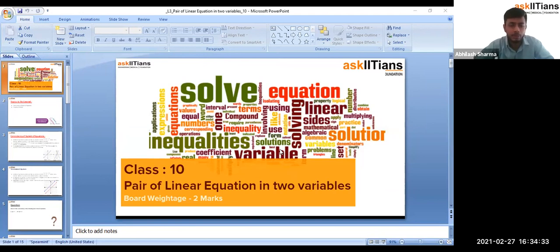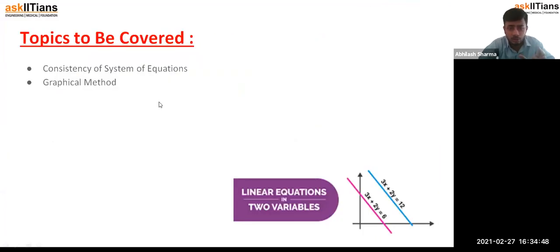Now, earlier we have completed three methods: the substitution method, cross multiplication method, and elimination method. In this lecture, we will be looking at the topics of consistency of system of equations and the graphical method of solving. So let's get started.